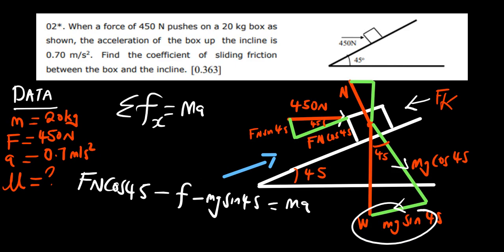Since our main interest is finding the friction force, if I take the friction force to the other side it becomes positive, and if I take the ma to the other side it becomes negative. So what am I going to have?